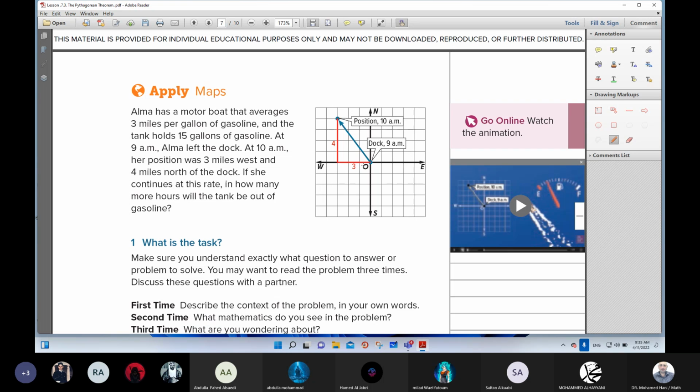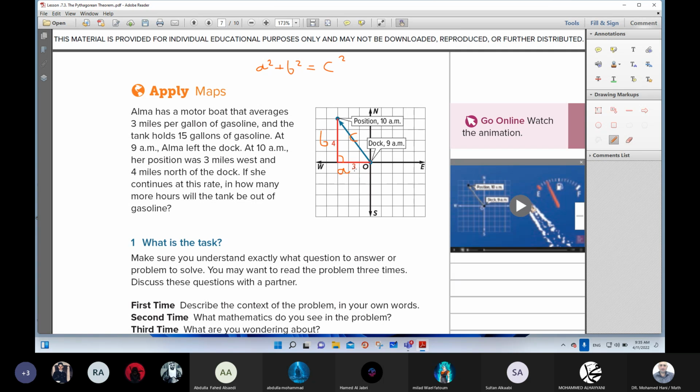Here you have this side 3 and this side 4, and we have here a right triangle. This is 90 degrees, and we want to find this side. To find this side, we can use the Pythagorean theorem. This is A, and this is B, and this is C. So A squared plus B squared equals C squared.